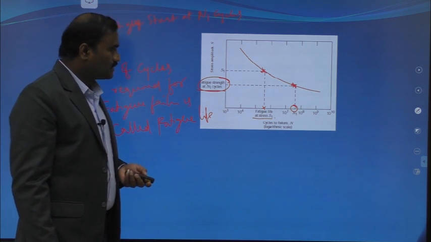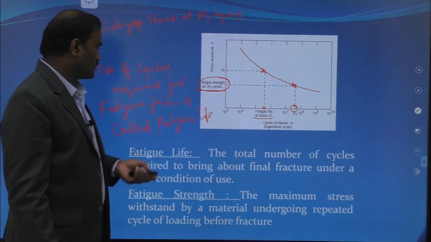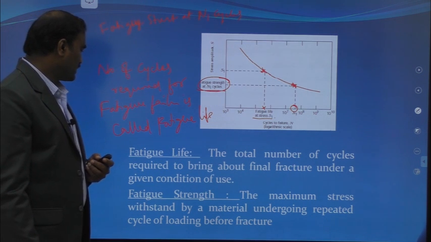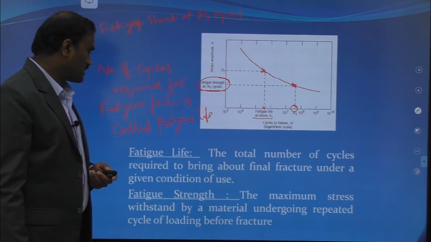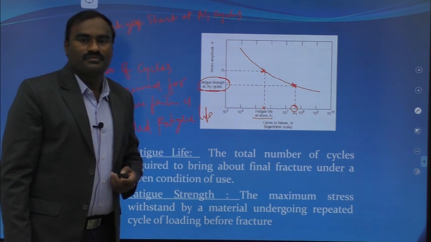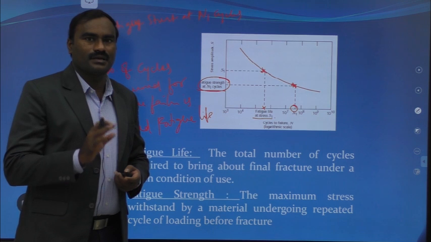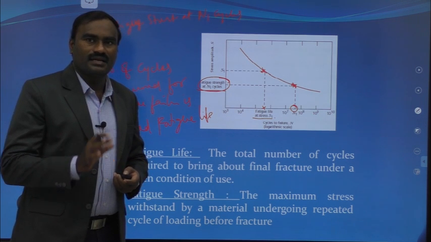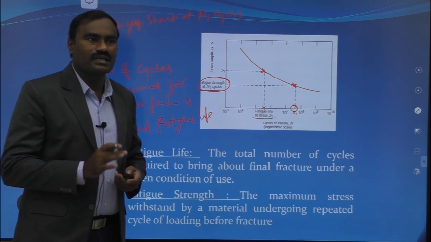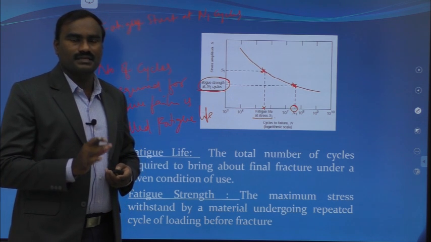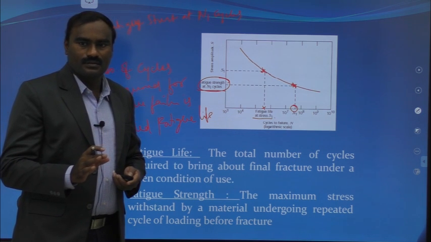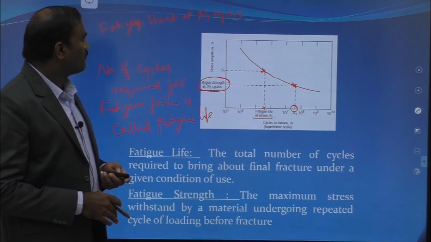So this is about the fatigue fracture. The total number of cycles required to bring about final fracture is called fatigue life, whereas the maximum stress withstood by a material undergoing repeated cycles of loading before fracture, at a constant N value, is called fatigue strength. Similarly, fatigue life is the number of cycles that can be applied at a constant stress value. So this is about fatigue failure.